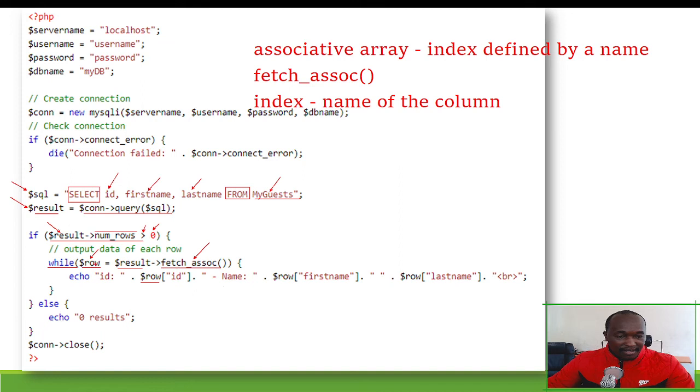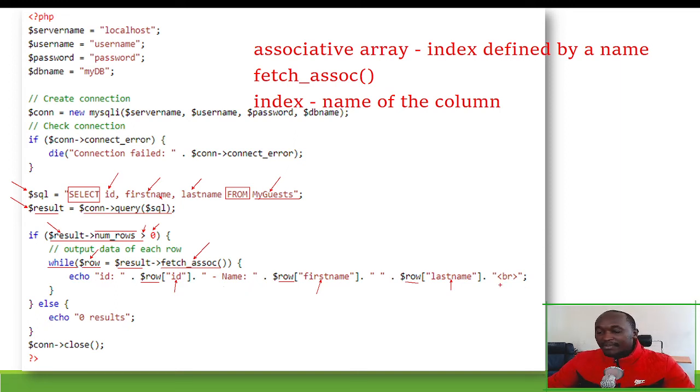Okay, so that is why here we are printing row, which is the array. Remember now, the array is going to be saved on this variable row. Then we are entering the name of the column for that table, this name ID. Then we also print row first name. So again, first name, this one. Then row, then last name. So it's the name of the column because fetch assoc returns an associative array.